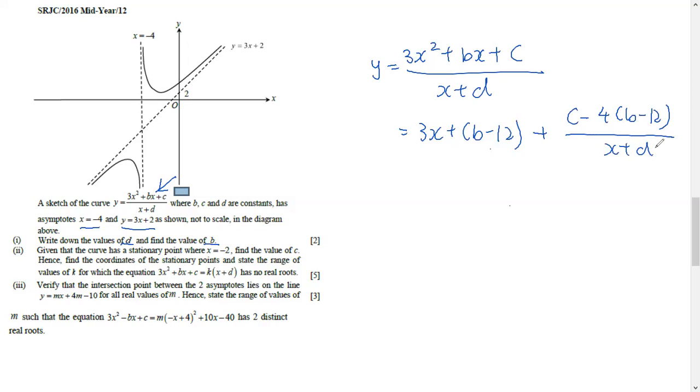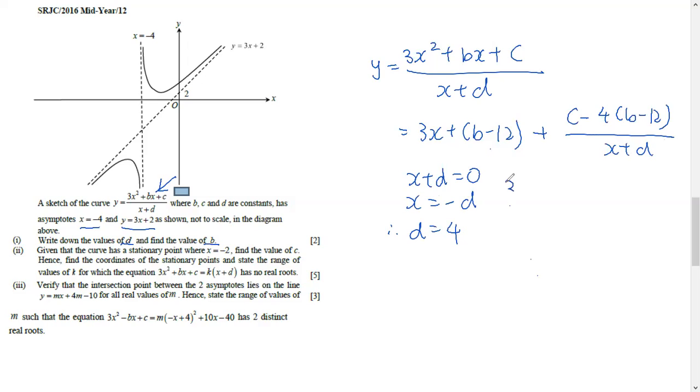So how are we going to infer the values of d and b? d, we're going to infer from the vertical asymptote. For the vertical asymptote to happen, x plus d must be 0. So x must be equal to minus d. Therefore, d must be 4. Next we're going to infer the b value from the oblique asymptote.